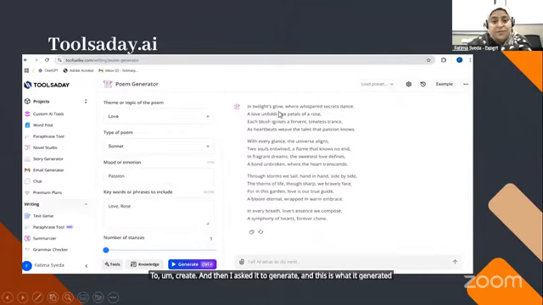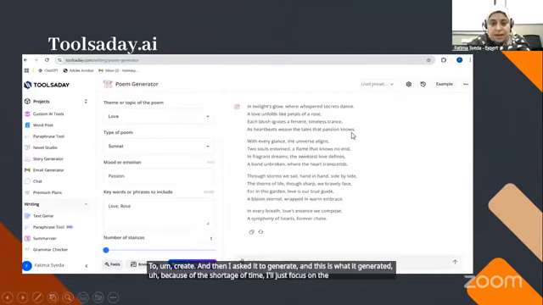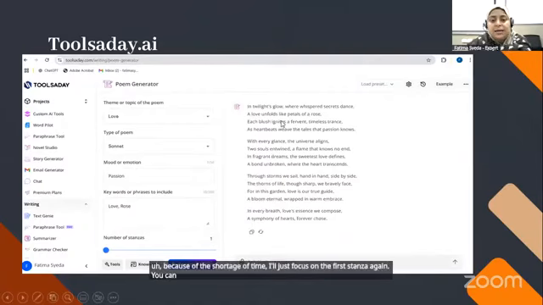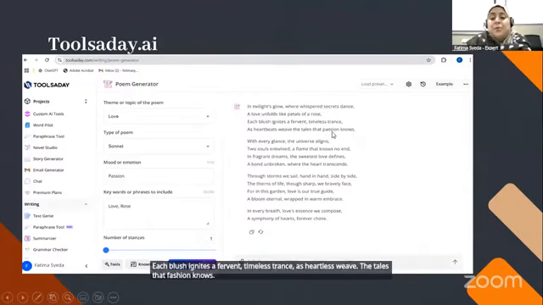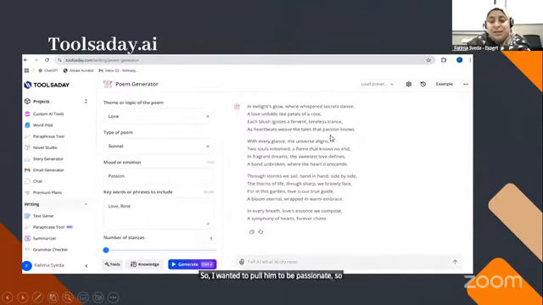Because of the shortage of time, I'll just focus on the first stanza again. I'll read it. In twilight's glow where whispered secrets dance, a love unfolds like petals of a rose. Each blush ignites a fervent, timeless trance, as hearts weave the tales that passion knows. So I wanted the poem to be passionate, so the word passion is included over here.